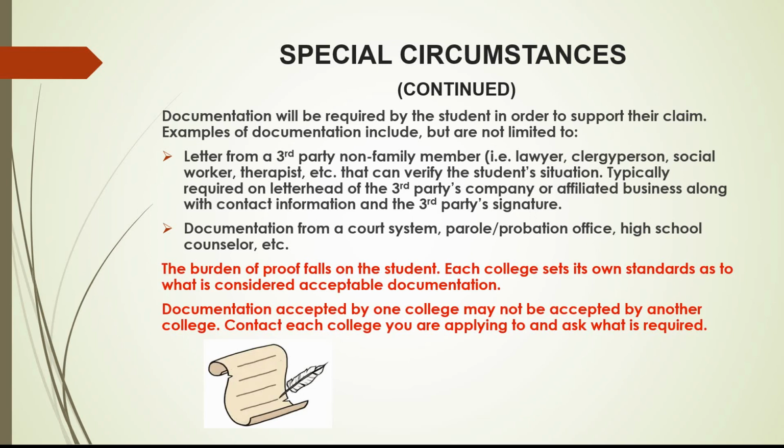Once again, the burden of proof falls on the student. Each college sets their own standards as to what they consider acceptable documentation. Documentation that's accepted by one college does not have to be accepted by another college. So you will need to follow up with each individual college that you're applying to, let them know of your circumstances, and let them guide you in determining what paperwork and documentation you need to submit.